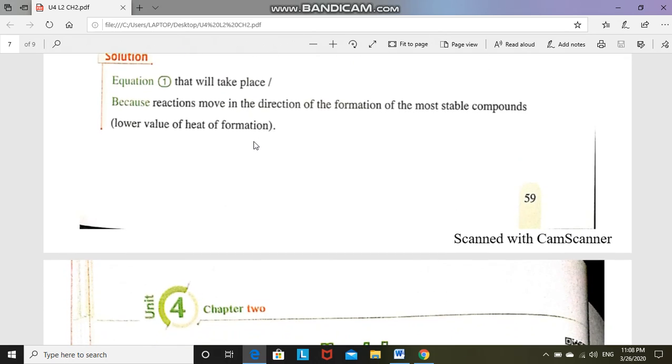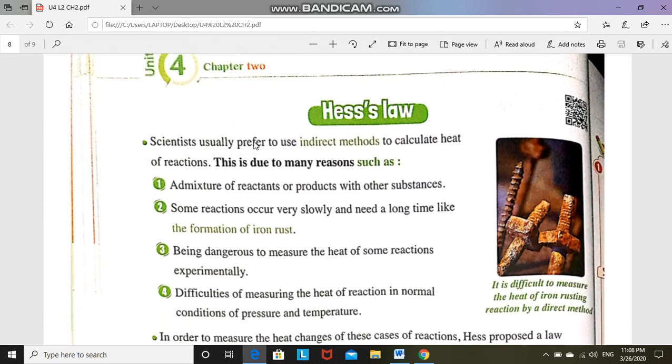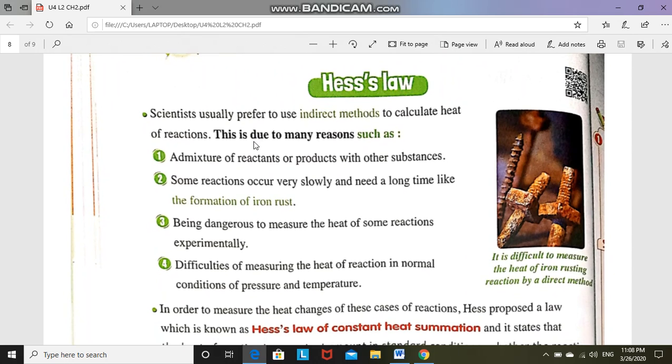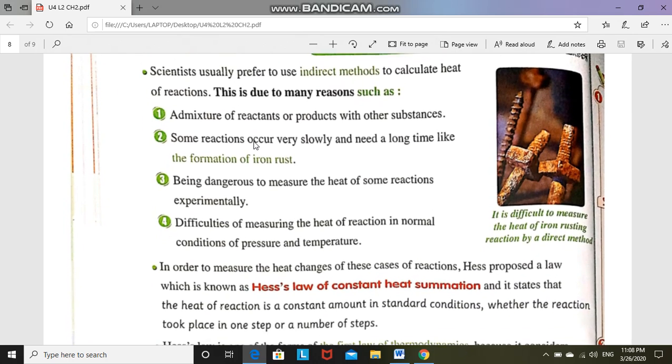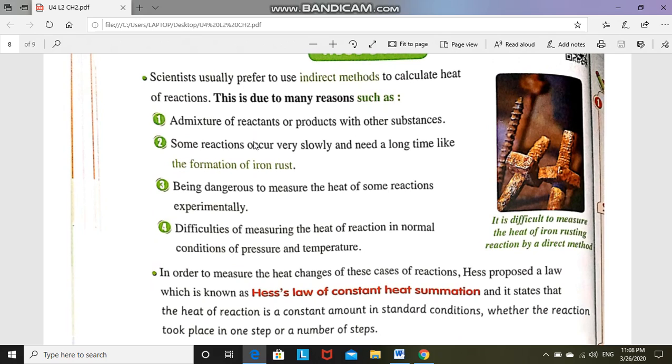Okay, we will end our unit with Hess's law. Hess's law, we will summarize it, is the same as the first law of thermodynamics, the law of conservation of energy. So here all rules are the same for heat content.